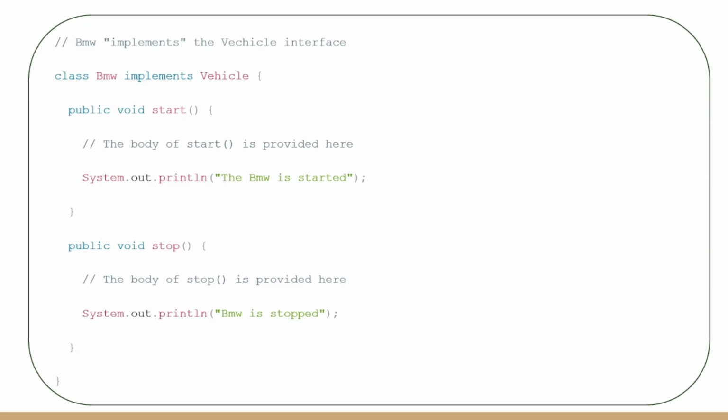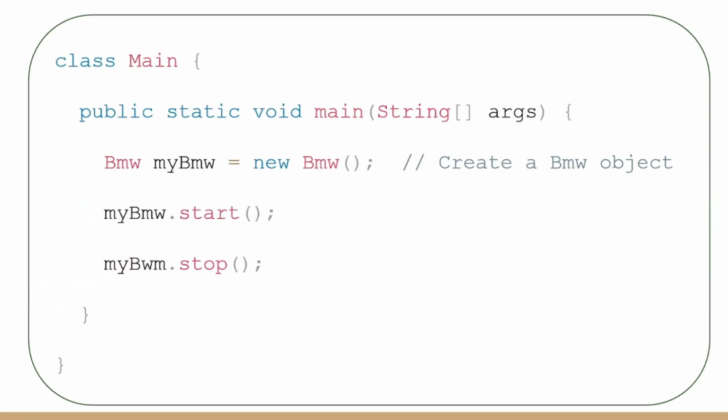We have two methods in the vehicle interface, start and stop, which we have overridden here. In the driver code, I have created an object of my BMW, and on top of that we can invoke both methods, start and stop.